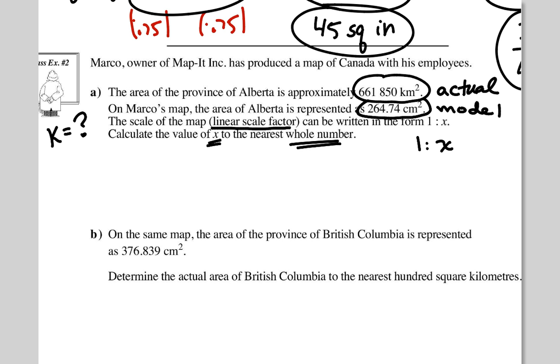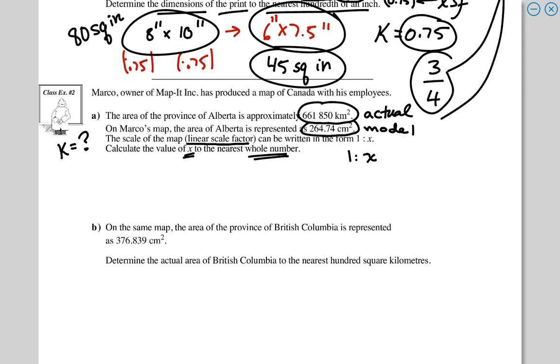This is a ratio. It's a scale factor. And if you recall from yesterday, scale factors have no units because the units cancel. So for ratios, you need the same units. And if you look here, we have kilometers and we have centimeters. So that's an issue.